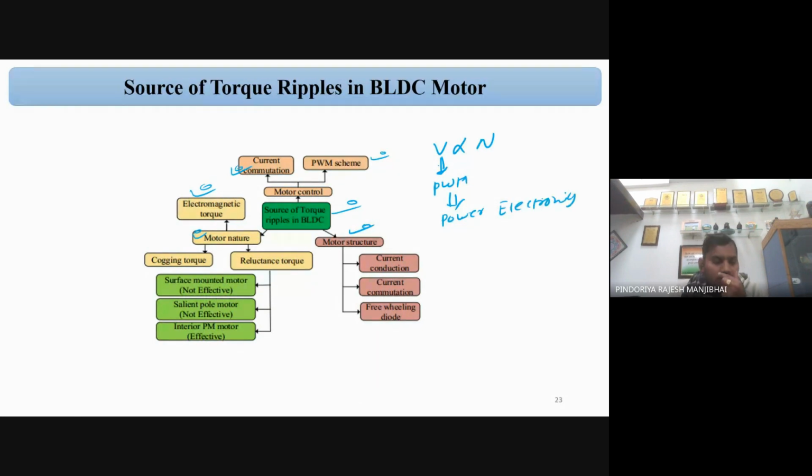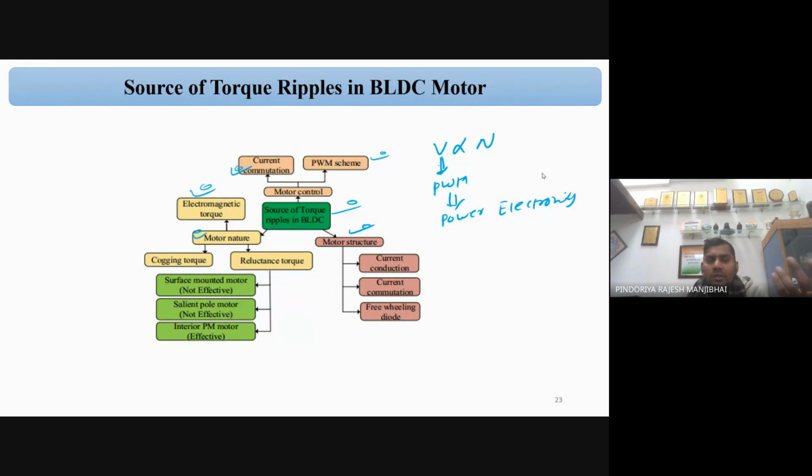By PWM switching operation, it will create the torque ripple, and torque ripple will create the vibration, and that vibration creates the acoustic noise. Then nobody is going to purchase your motor. Correct. If higher noise, higher vibration, higher torque ripple, then ultimately it reduces your efficiency.